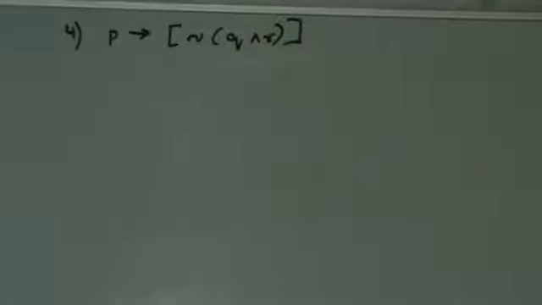Let's see one more sum. Suppose I had P implication not of Q and R, right? Now so far the sums that we had seen had only two variables. Here this sum has got three variables.